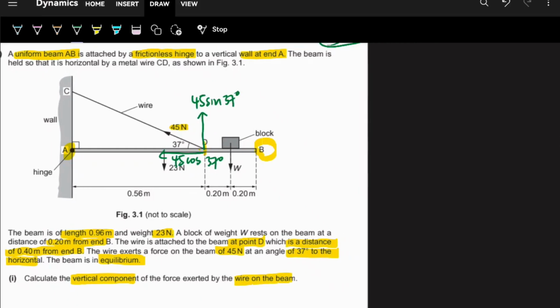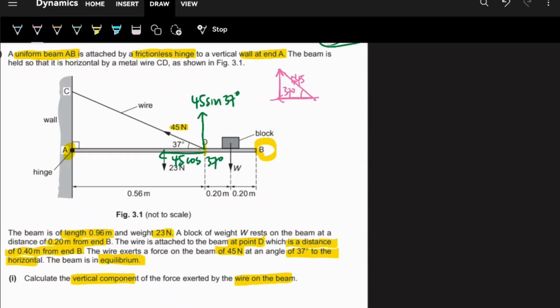How do I know that? Okay, let me draw for you. Imagine the tension is here, 45. This is ideally your vertical, and this is basically your horizontal. And 45 is basically your resultant force, if you want to see it that way.